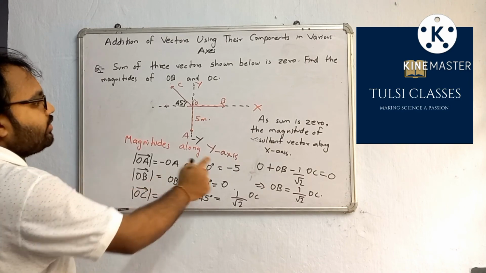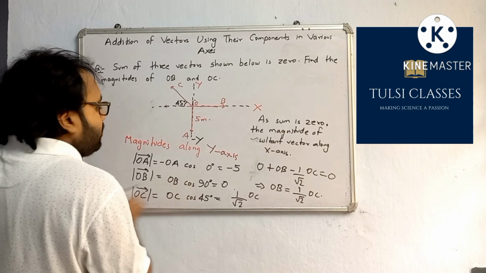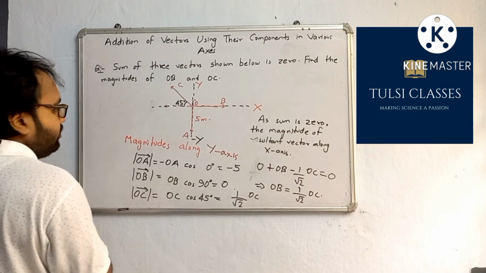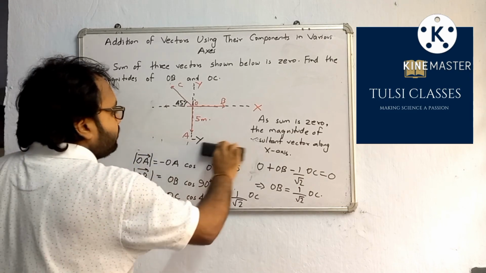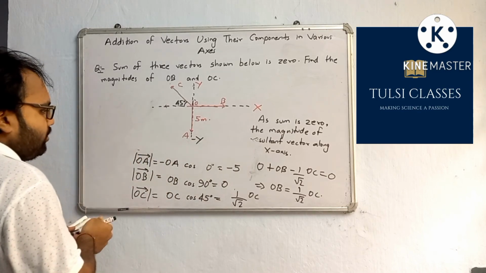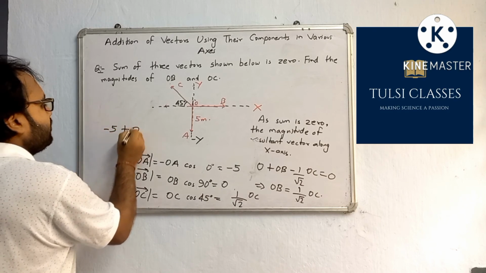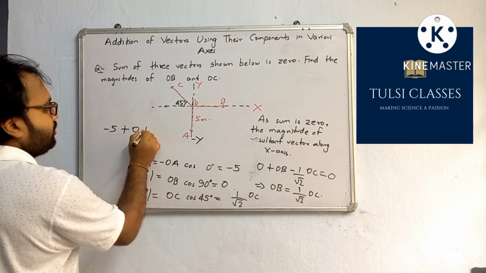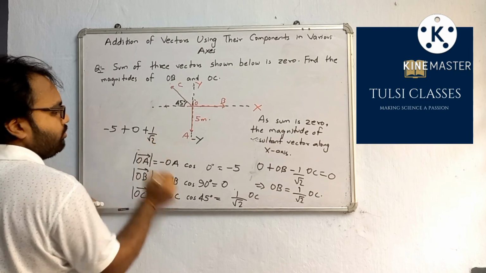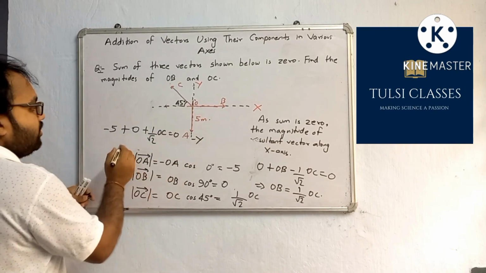Now magnitudes along the y-axis will add to 0. Let us add these 3: minus 5 plus 0 plus 1 by root 2 OC is equal to 0.